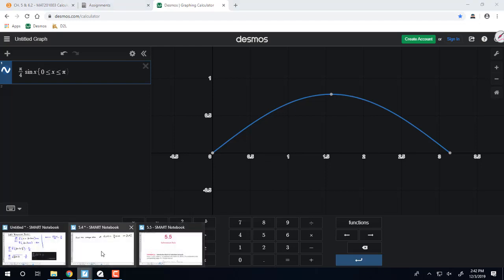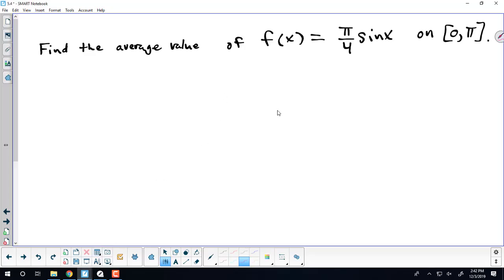And that's what we're actually going to compute with that formula. So we have to compute the average value. We have to compute 1 over b minus a. Again, that's just the interval here. This is a and this is b.